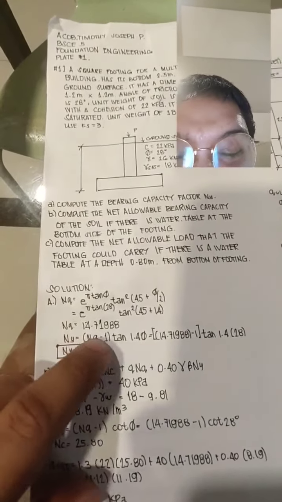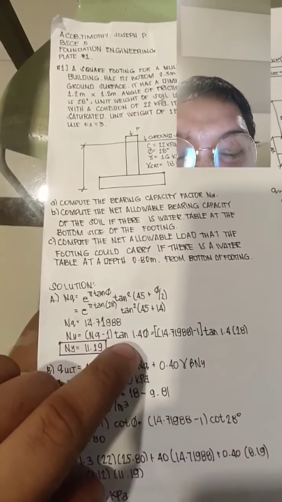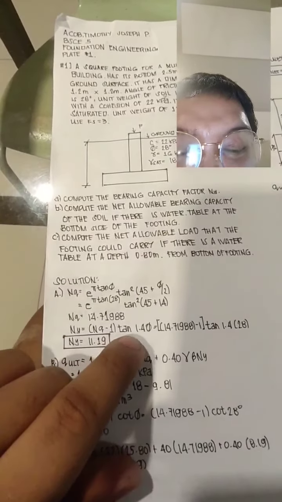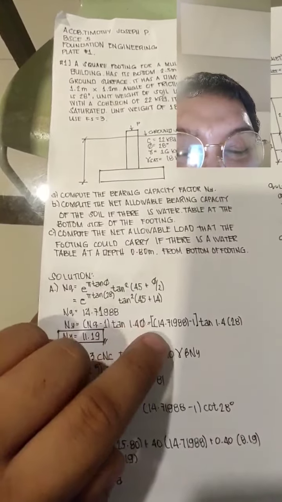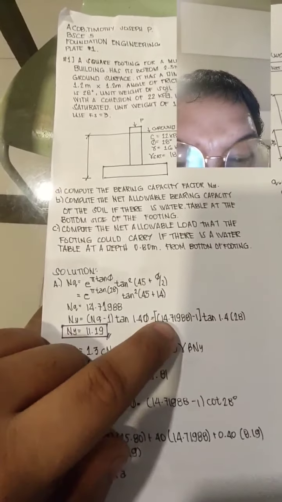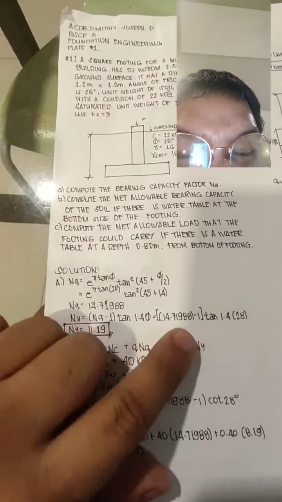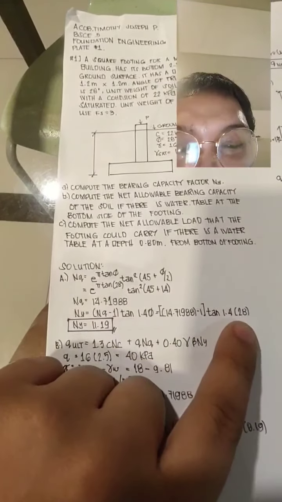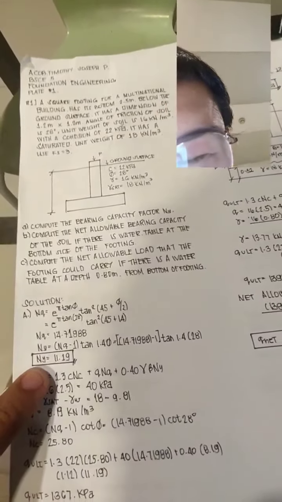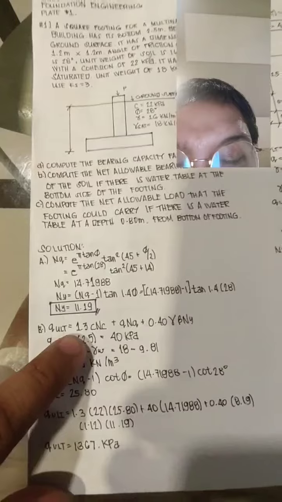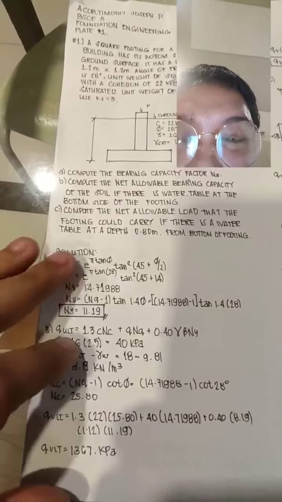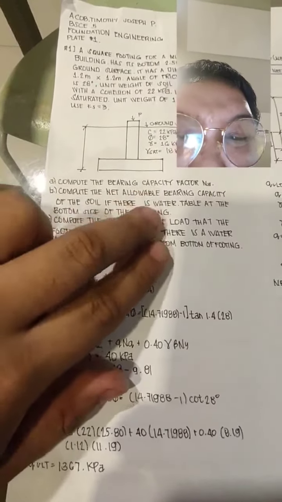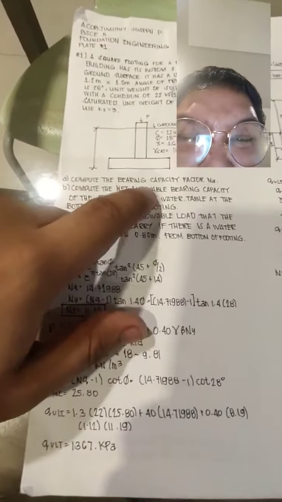So, Nγ equals (Nq minus 1) tan 1.4 theta, which is (14.71988 minus 1) tan of 1.4 times 28. So now we get the bearing capacity factor Nγ.